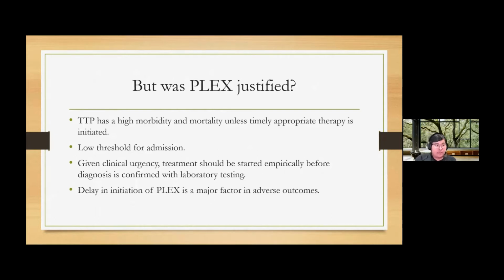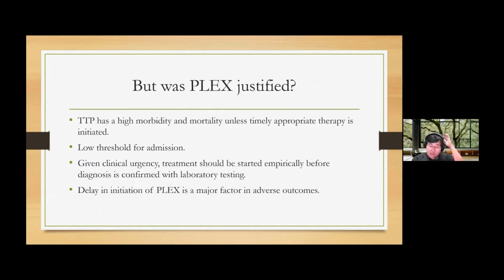TTP has a high morbidity and mortality rate unless appropriate therapy is timely initiated. So really, it has a very low threshold for admission. Because of the clinical urgency, you need to just start giving her treatment before you can actually confirm the diagnosis with laboratory testing.